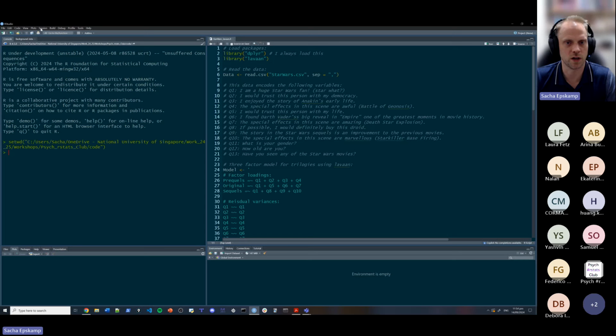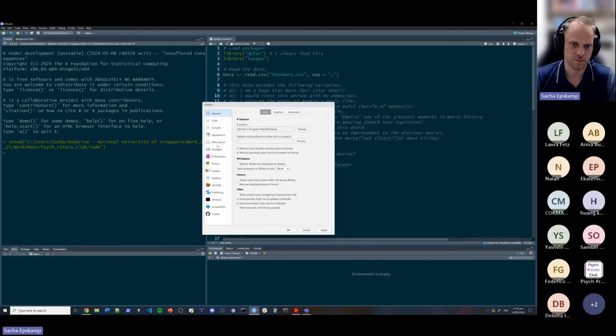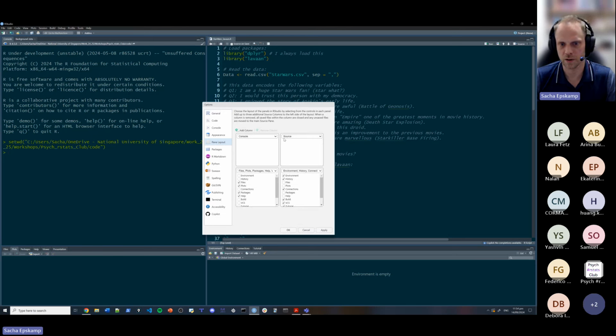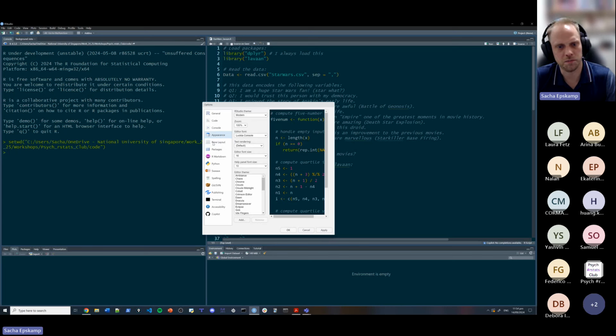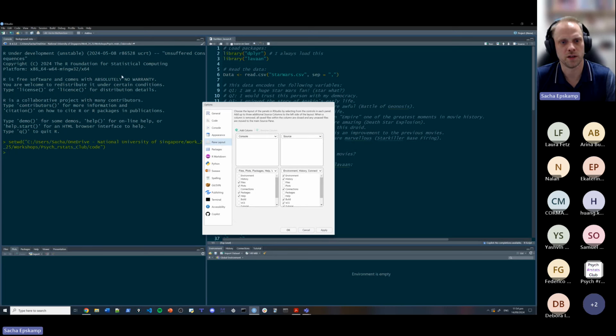Okay, so I put this data on Open Science Framework, this link here. But I'll just quickly show the code. So that's here in R. This is what my R looks like. I have 2 things that are different from you. I go here to pane layout to set it like this, console and source here. I like this theme because then I'm not competing for vertical space.